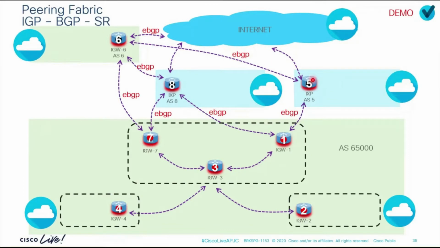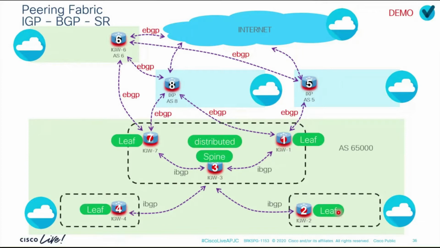And then here, routers 1, 7, 3, 2 and 4 are the distributed peering fabric, which is a spine and leaf approach within AS65000, while router 6 is a standalone peering fabric node here.